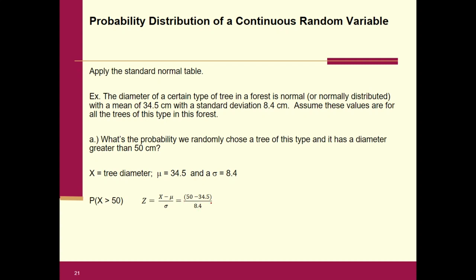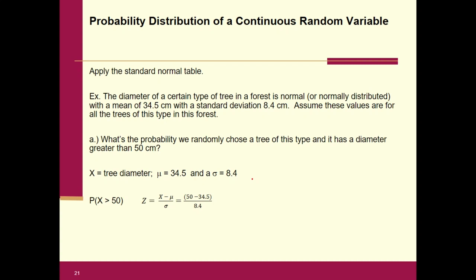Now, remember, we have this line going straight across. What does that mean about the numerator? We need to put parentheses there, to remind you that when you put it in your calculator, you've got to use parentheses. You can't put in 50 minus 34.5 divided by 8.4, because your calculator always follows the order of operations. It's going to do the division first and give you the wrong answer.